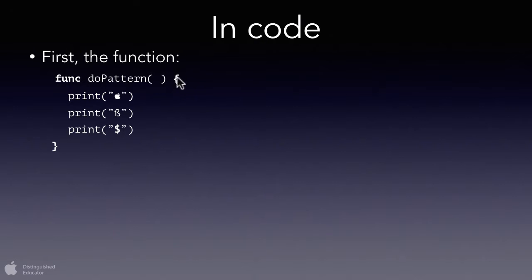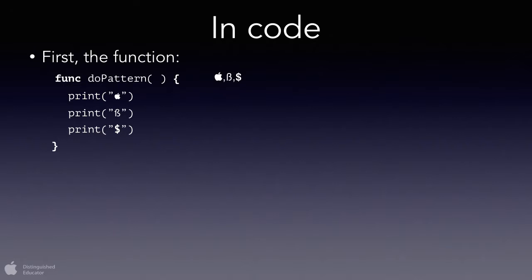And then you have the start of the code block, that is the function, and then you have print apple, beta, and dollar. This will actually not print the symbols in a row. I will show you later how to do that. This will, at least in the playground, be written underneath each other.